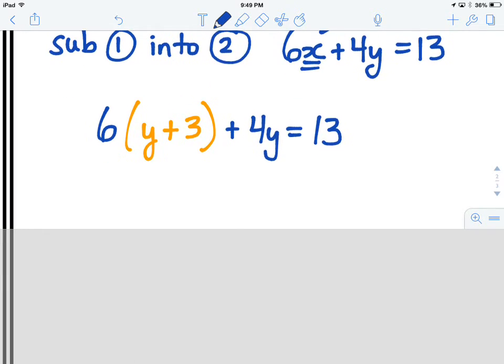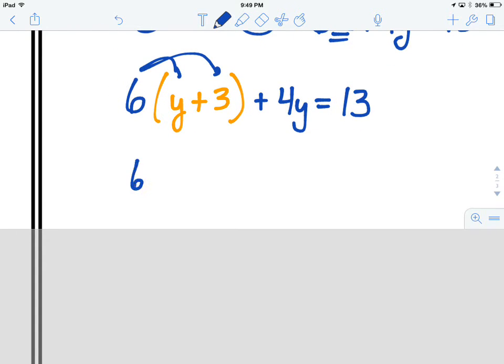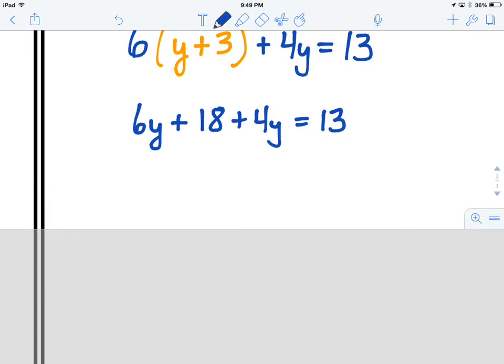And this should look familiar. This is now just a linear equation. Okay, so we can expand out this here and this here, and we can say 6y plus 6 times 3 is 18, plus 4y is equal to 13. Collect like terms, 6y plus 4y is 10y, and that's equal to 13 minus 18, because I'm simply taking this and moving it over here.